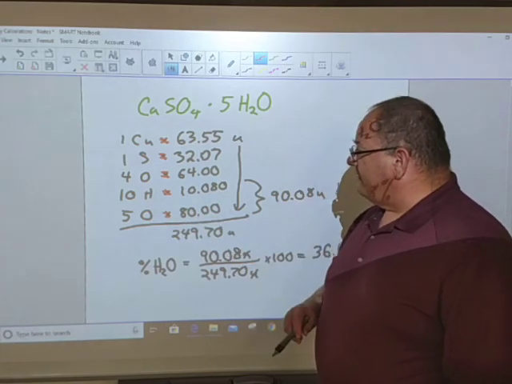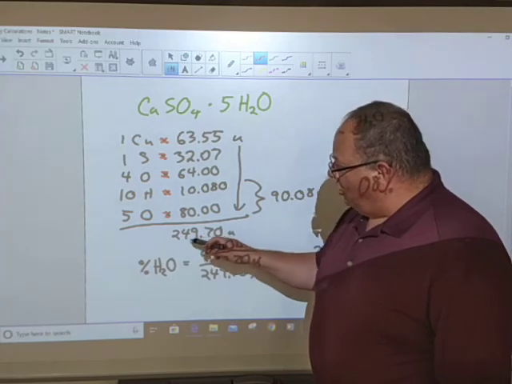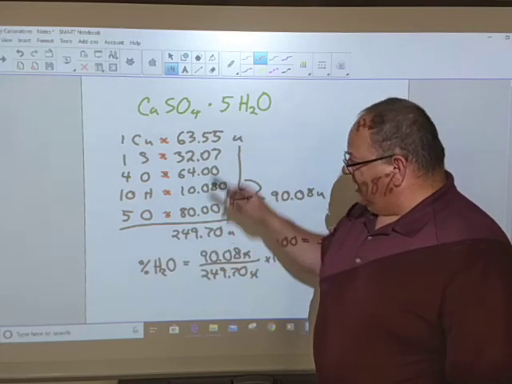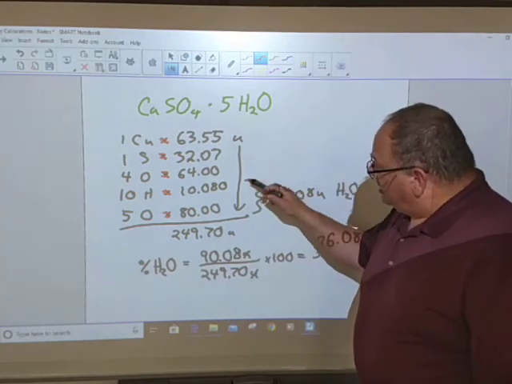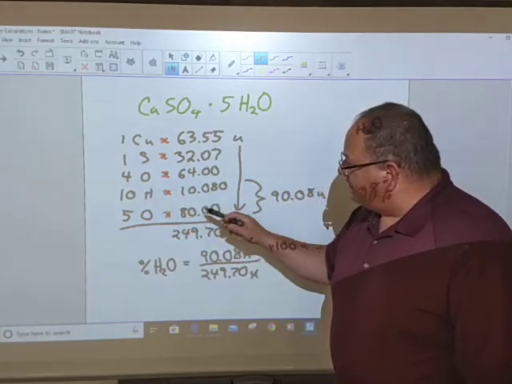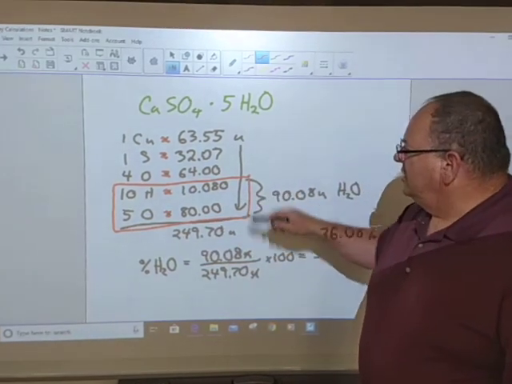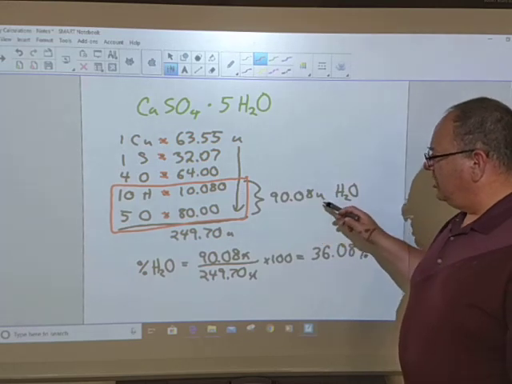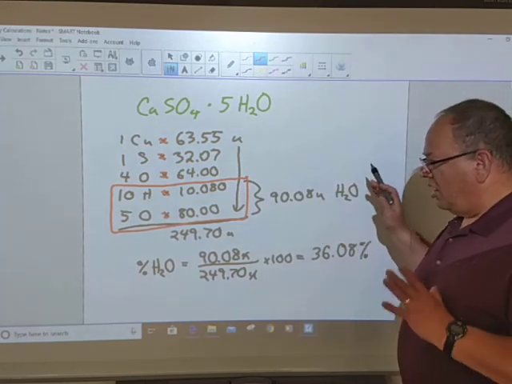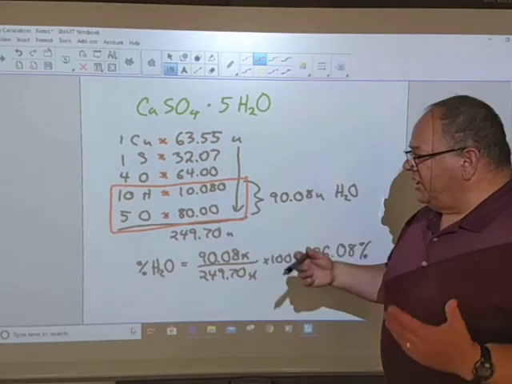Here's the mass of another 5 oxygen. So when I went this way, my total mass of everything in that formula is 249.70. But then I did a little bracket here. I said, well, this much of it is my water. So 90.08 units are due to water of the total mass, right?